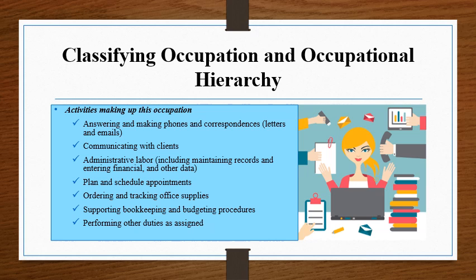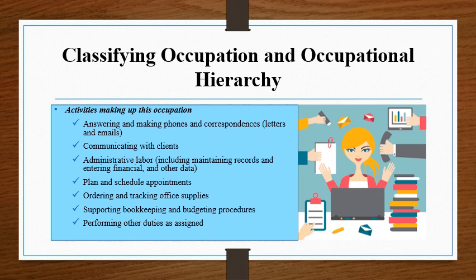For example, these employees perform core organization activities such as communicating with customers, answering and making phone calls, and responding to emails and letters, entering updated financial data, maintaining relevant records, ordering office supplies, and tracking stocks. They also plan and schedule appointments for bookkeeping and budgeting, and perform other duties and activities assigned by managers or their employer.